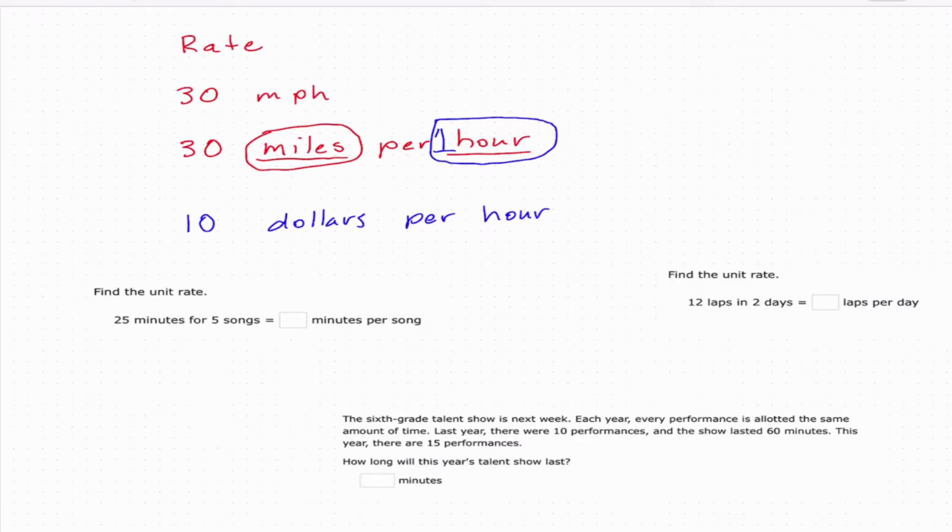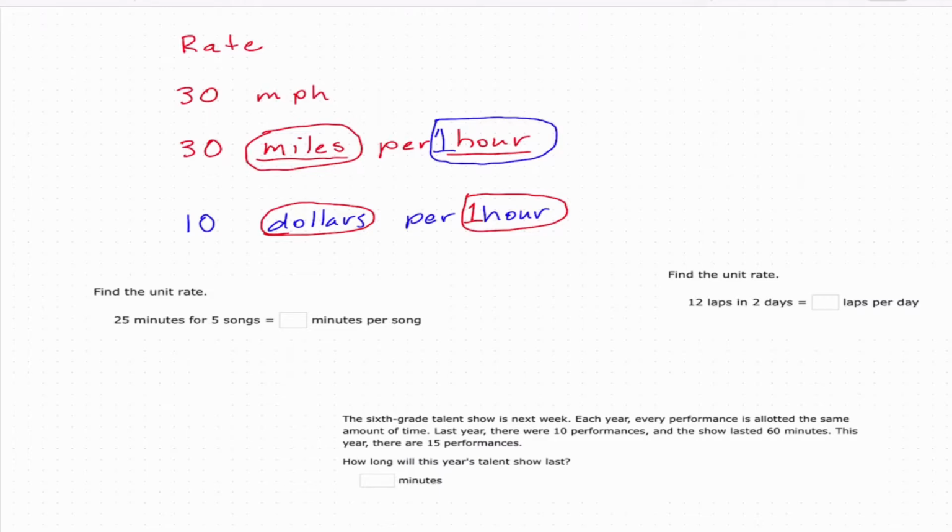That means we're getting $10 each hour, or per 1 hour. So if we work 2 hours, we're making $20 because we get paid $10 each hour. If we work 3 hours, we get $30. 4 hours, $40.